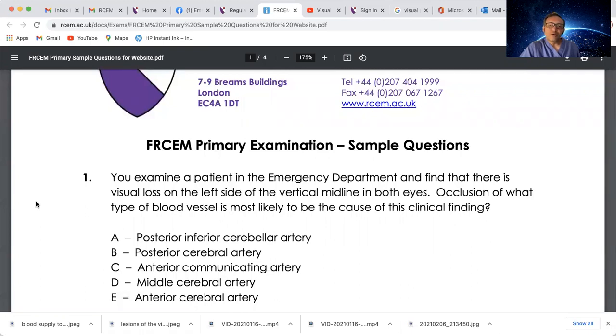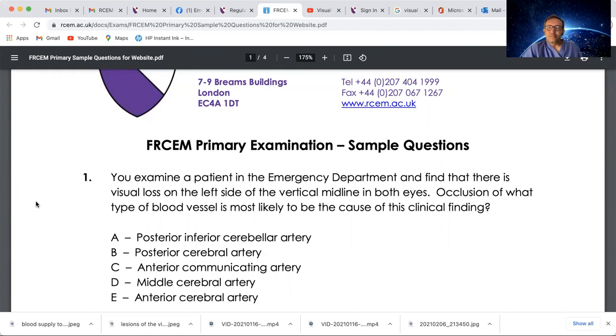This looks like a very simple question, but it is not very straightforward, because first of all, they're asking us what type of lesion we are describing. It is a left-sided homonymous hemianopia, and then we need to know what anatomical structure we're looking at and the blood supply.